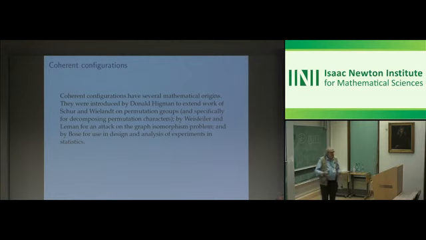So Babai's quasi-polynomial time algorithm for graph isomorphism uses these ideas on coherent configurations that go back to Weisweiler and Leman. And also R.C. Bose in the design of experiments in statistics, though his were less general, as I'll come to in a moment.